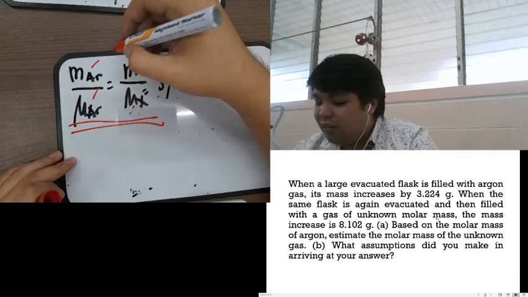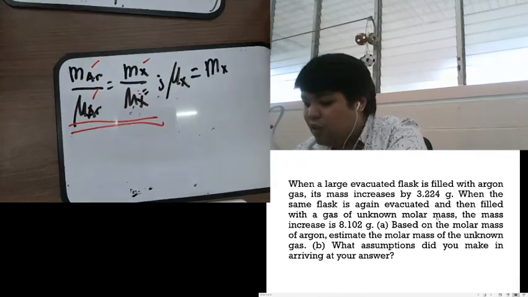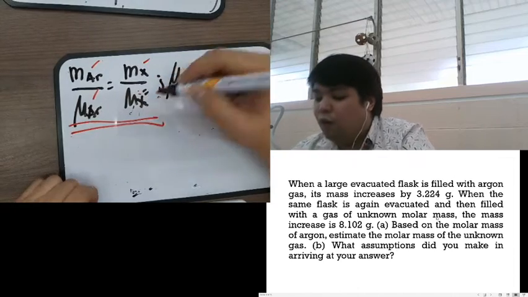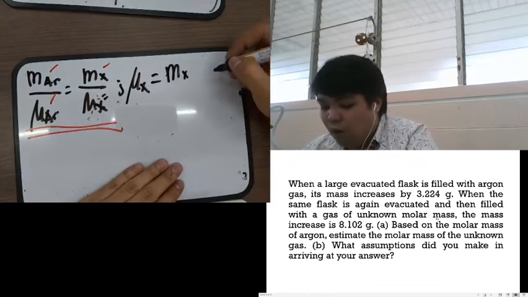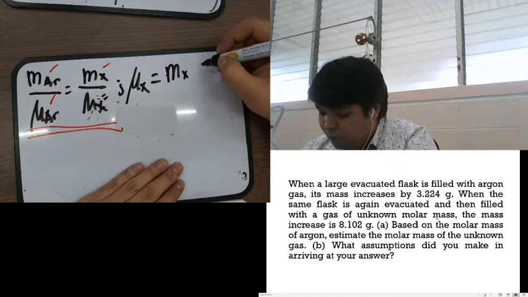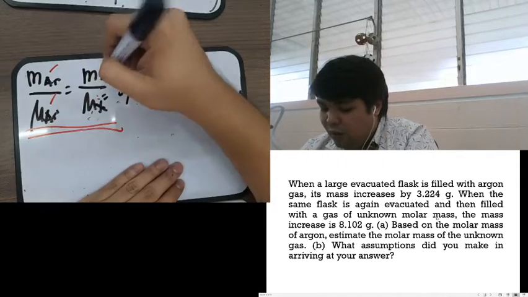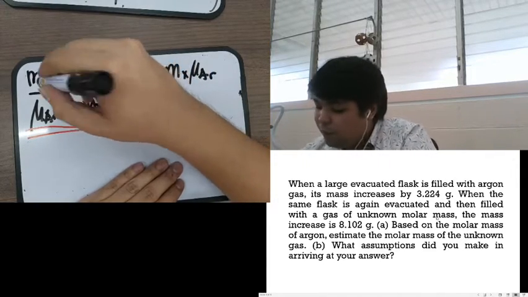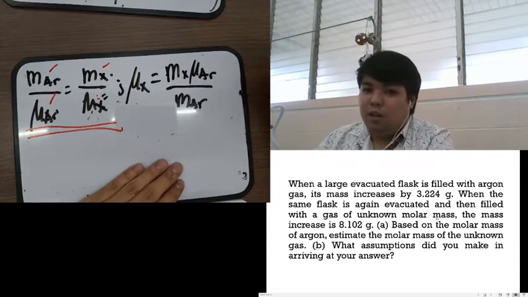Now, since this is known and we don't know this, we rearrange the equation such that this is the only one left on one side. So therefore, your final equation or your working equation will be, transpose this to here, this one here, this one here.